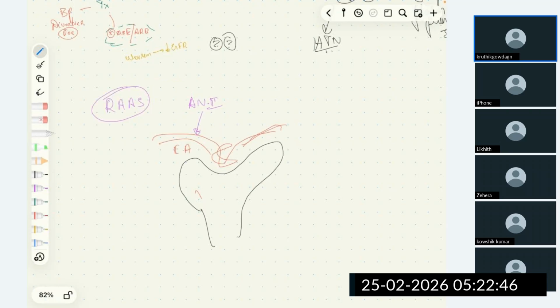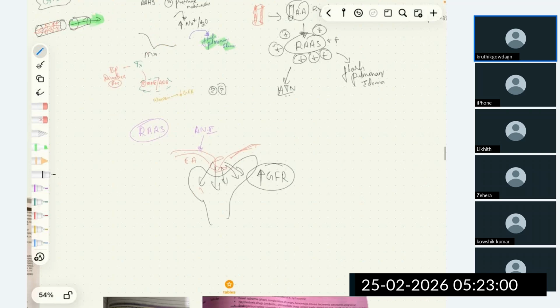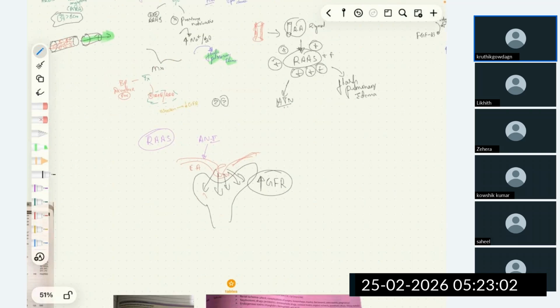When the efferent arteriole is compressed, there is more and more filtration here. Efferent arteriole compressed, more and more water filtration, increased GFR. This helps to maintain the GFR when blood supply to the kidney or GFR is reduced due to hypotension or renal artery stenosis, any other cause. It's the same mechanism in all the cases.